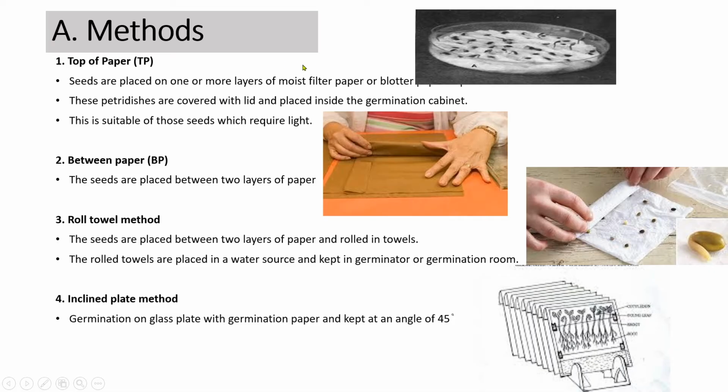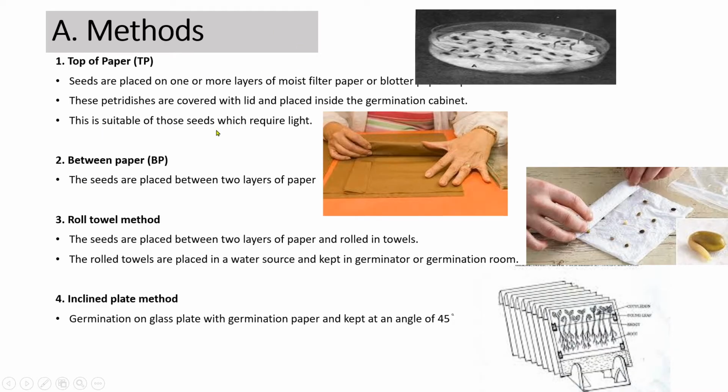Because we want the folded papers to retain more water. These paper plates are covered with a lid and placed inside the germination cabinet, so it is easily assisted with a germination unit or a germinator. Or sometimes, depending on the temperature, you can directly grow them at a suitable room temperature.